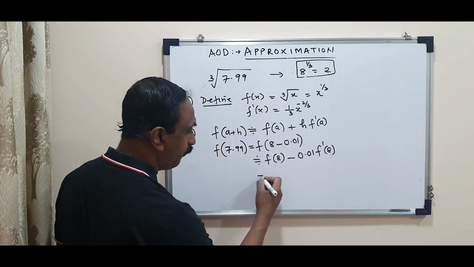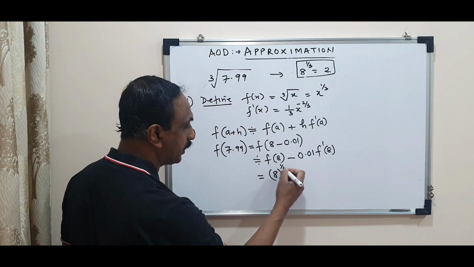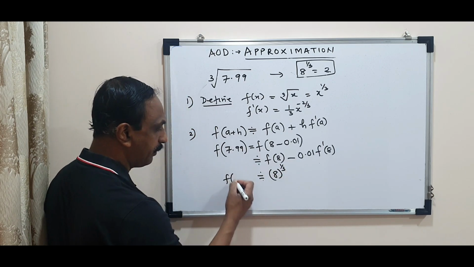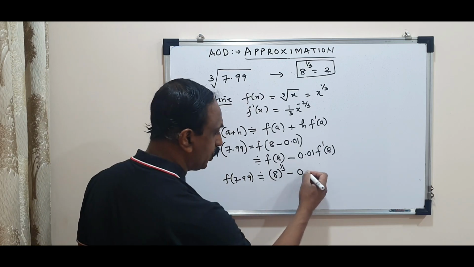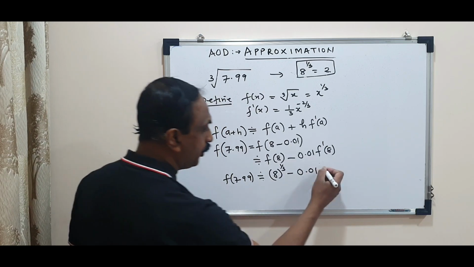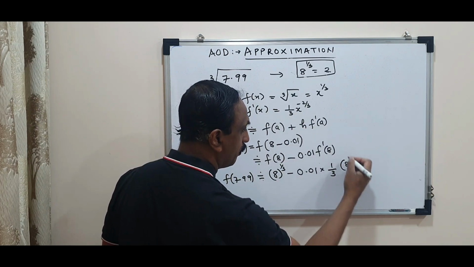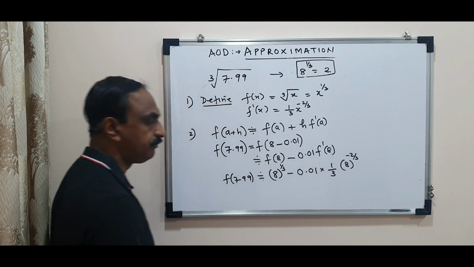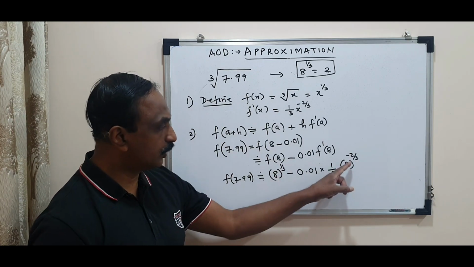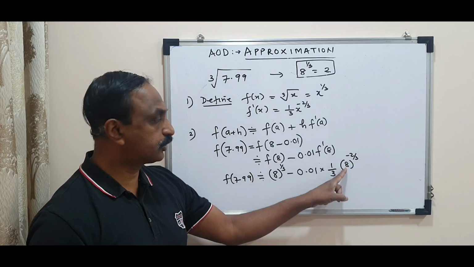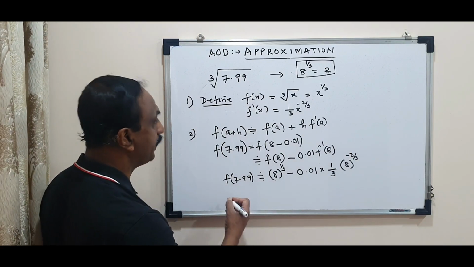Then f of 8 value, 8 raised to 1 by 3. f of 7.99 is equal to 8 raised to 1 by 3 minus 0.01 into 1 by 3 into 8 raised to minus 2 by 3. Now to calculate this value, this looks a little complicated. 8 you substitute as 2 cube, so your value calculation will become very easy.